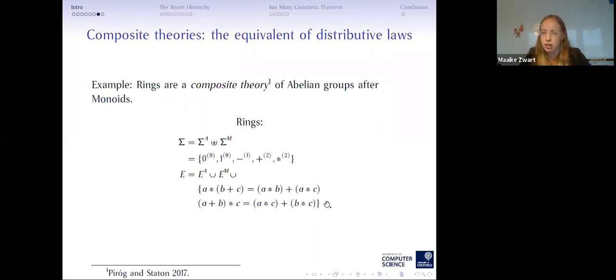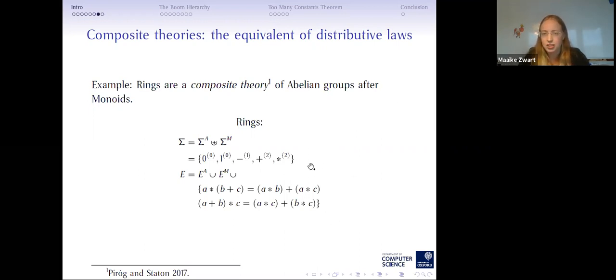These are interaction equations between the two binaries. In this case, they are the well-known distributivity of times over plus. And this is actually where the term distributive law comes from. It's from this, because this is the classic example of a distributive law.